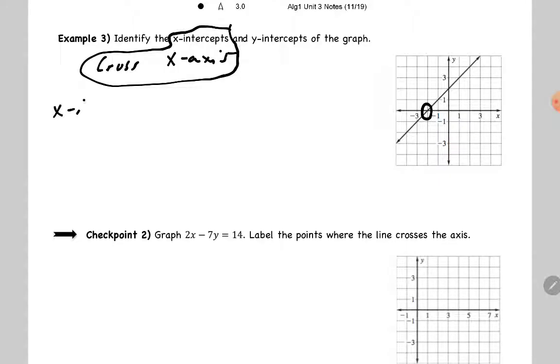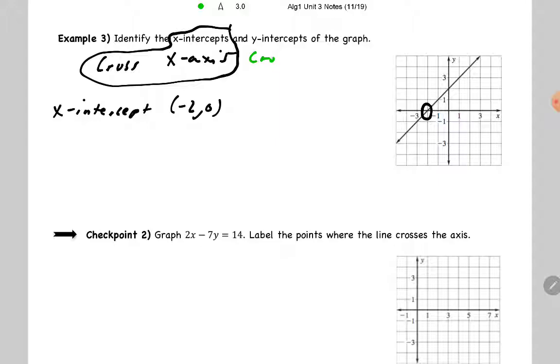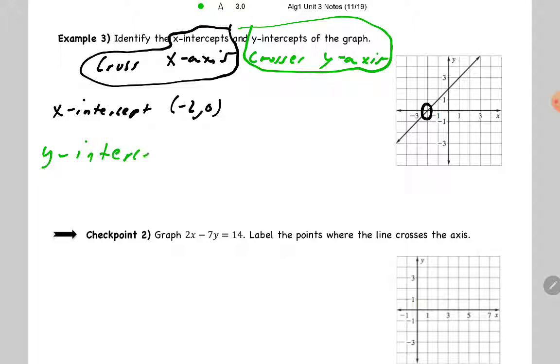So x-intercept is at -2, 0. And then our y-intercept crosses the y-axis. So y-intercept is right here, and that's at 0, 2.